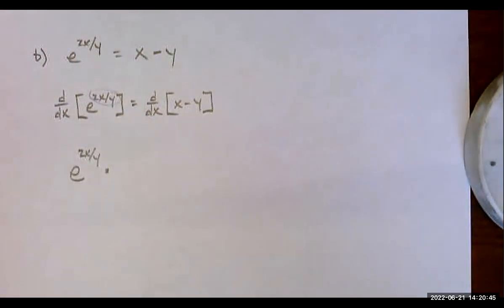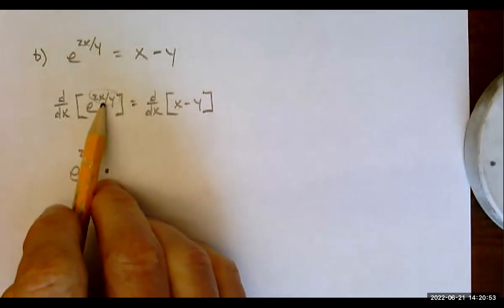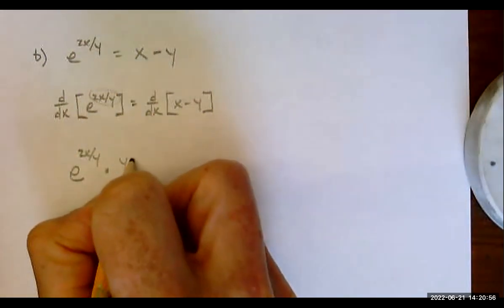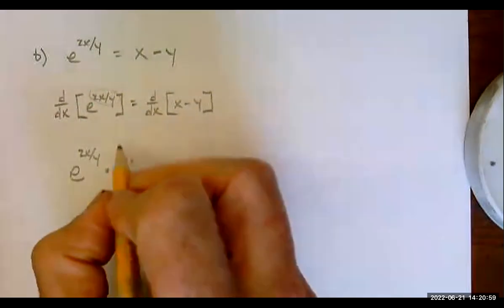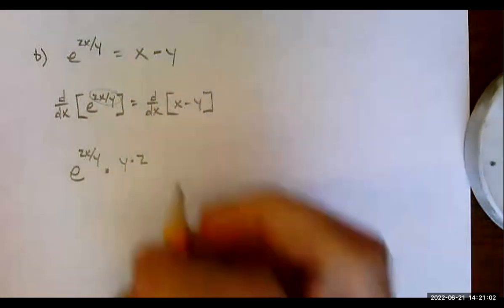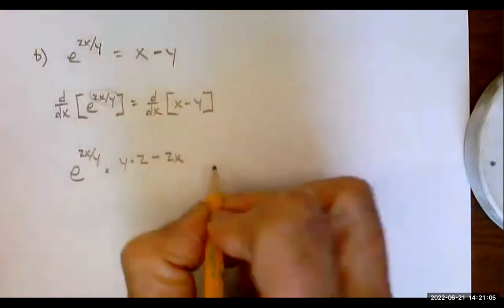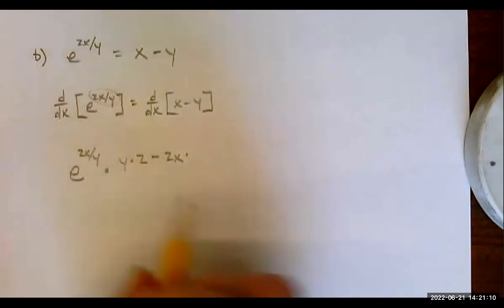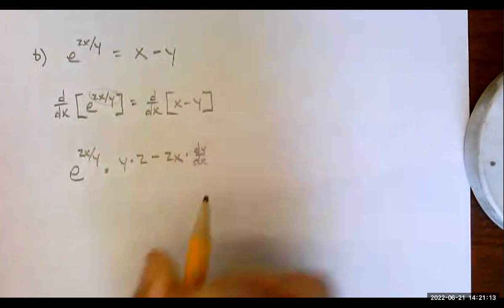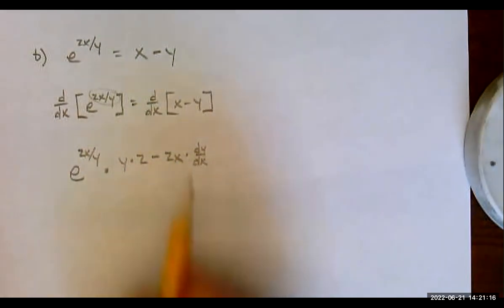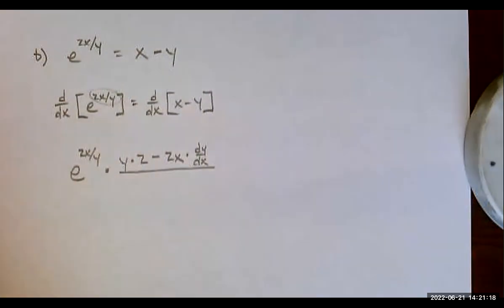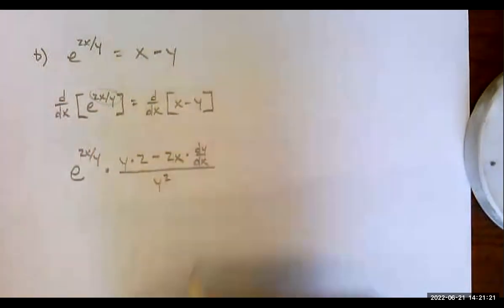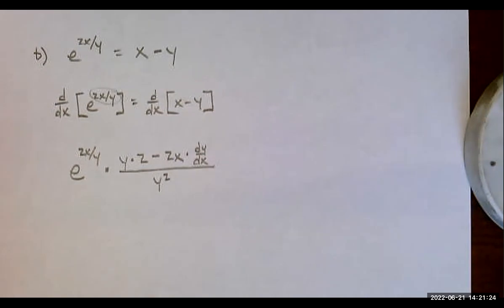Low times d high, the derivative of 2x is 2, minus high 2x, d low. The low is the y, so the derivative of y, dy over dx, all over the low squared, y squared. There's our quotient rule.